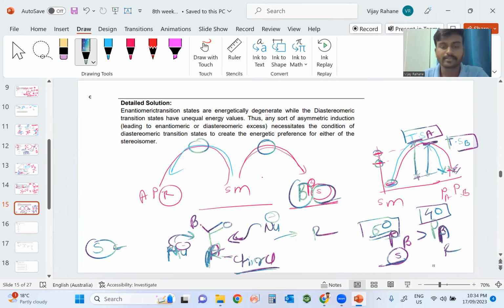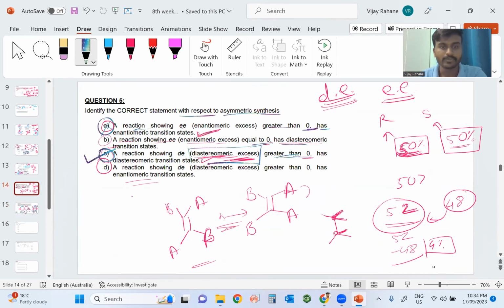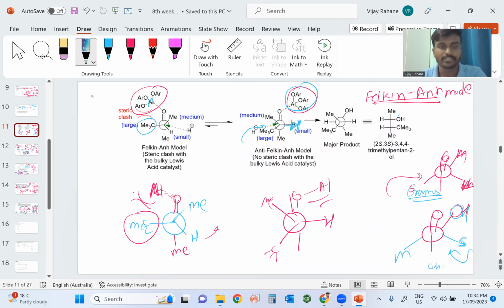If there is no adjacent chiral group, then the attack on both sides has equal energies. So both products form in equal amounts, and we get a 50-50 mixture. So this explanation is not only for this one problem. You can apply the same explanation to the others as well.